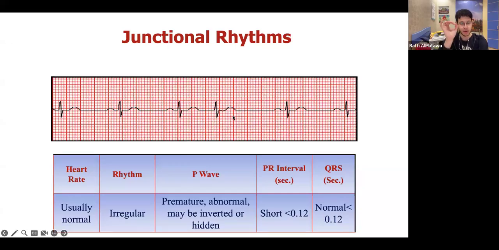Remember, premature atrial has an abnormality with the P wave. Junctional is like, why have an abnormal P wave when I could just have no P wave? That's the logic it uses, and as a result, it doesn't have a P wave. And let's say it was the same thing, but the QRS was wide. What would we call that?